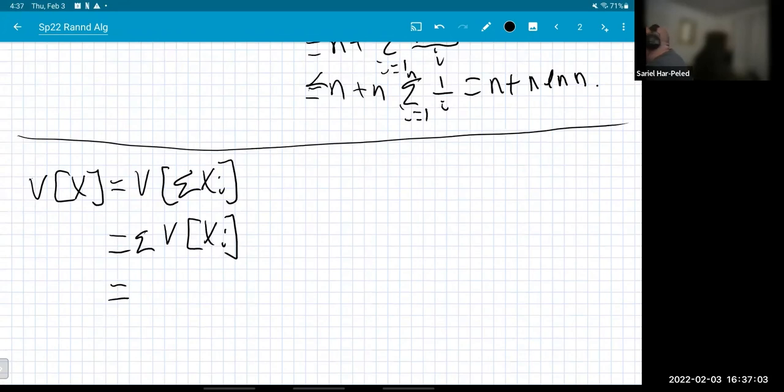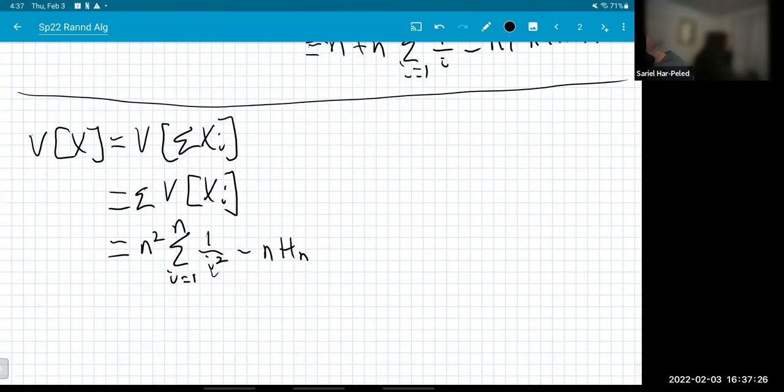You plug it in, you do the calculation, and you get that this is n squared times the sum, i going from 1 to n, of 1 over i squared, minus n H_n.